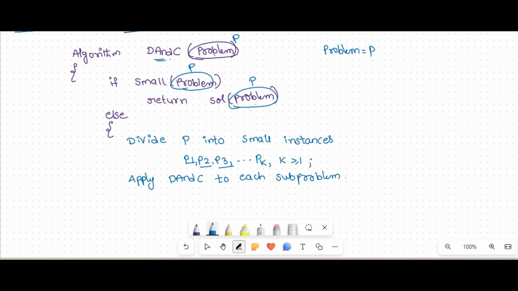That means we check whether it is small or not, and if it is small, it will return the solution for the problem.